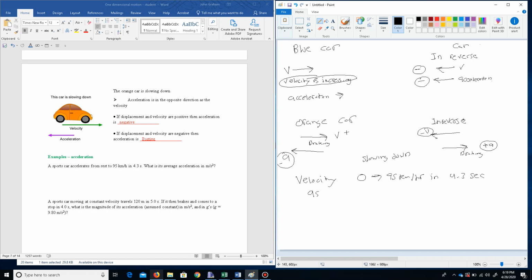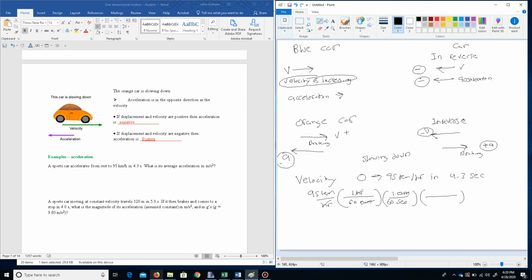So 95 kilometers per hour times, let's see, 60 minutes in 1 hour. So the hours cancel. 60 seconds in 1 minute. So the minutes cancel.